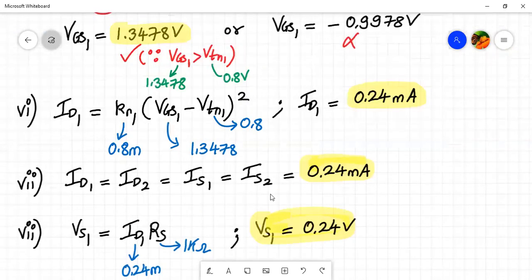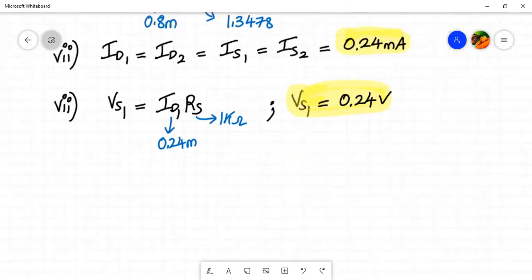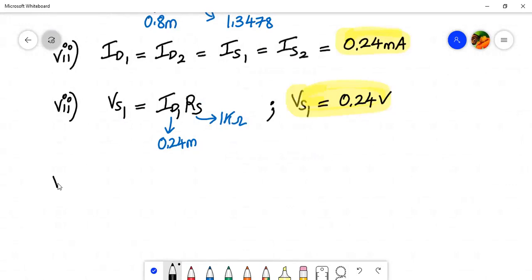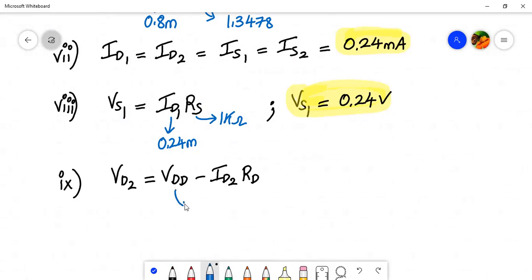So we will calculate the value of VD2 now. This is point number 9. So VD2 value is VDD minus ID2 into RD, right? Over here, the VDD value is around 18 volts.